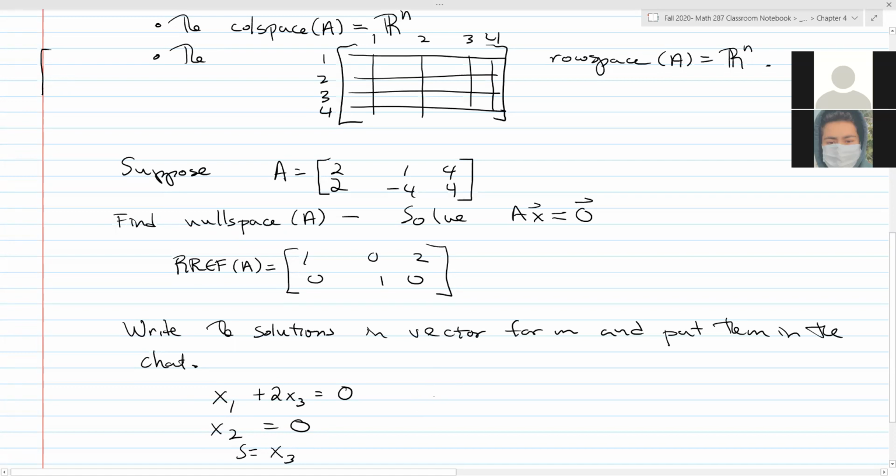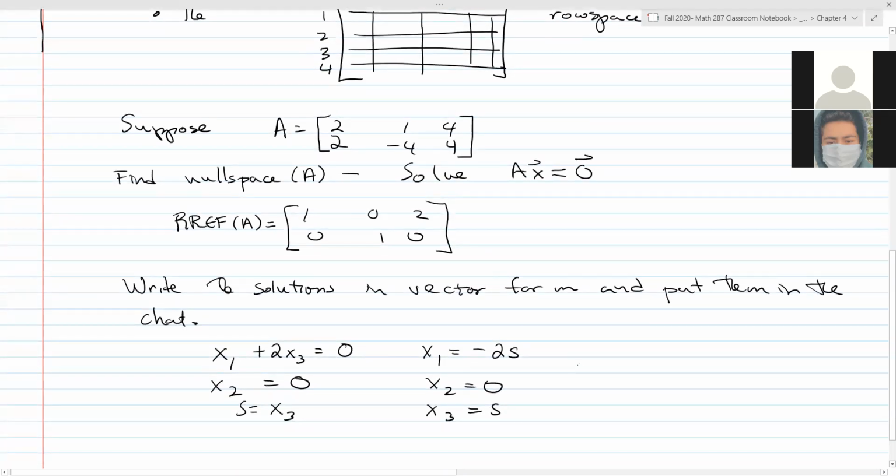So consequently, x1 equals -2s, x2 will equal 0, and x3 is going to equal s. So my vector is going to be x equal to s times -2, 0, 1.